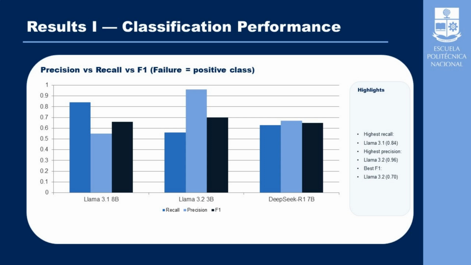By contrast, Llama 3.1 at 8 billion parameters achieved the highest recall at 0.84, meaning it detects most incorrect packages, but at the cost of lower precision at 0.55, with more false positives. DeepSeek R1 with 7 billion parameters sits between them with a more balanced precision and recall around 0.66.